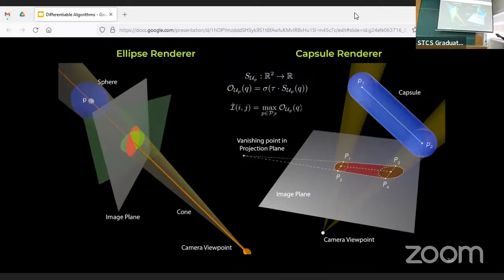So then this is the image given a query point. We find all the capsules that are being sampled, and from all the capsules we find the nearest capsule. There might be multiple capsule projections in the image plane. For a given query, we find the nearest capsule, and if the nearest capsule says that it is outside, then it is definitely outside. If the best case says it's inside, then it's inside.